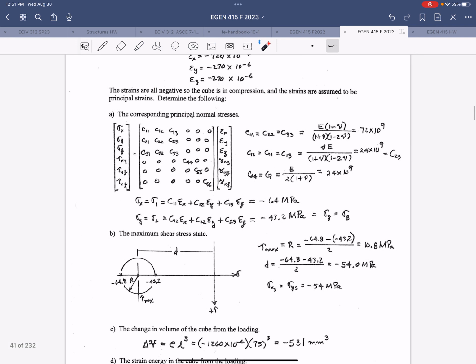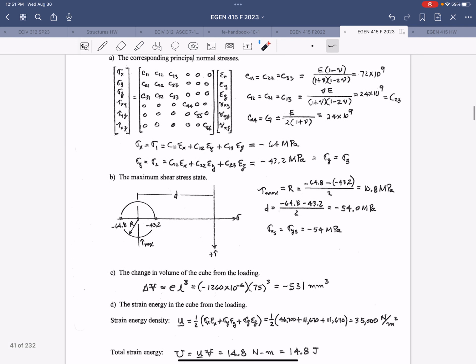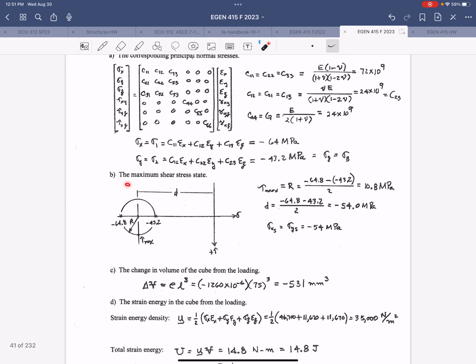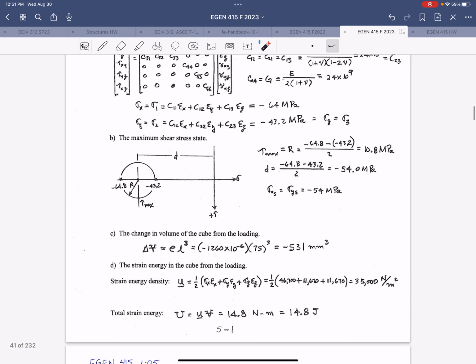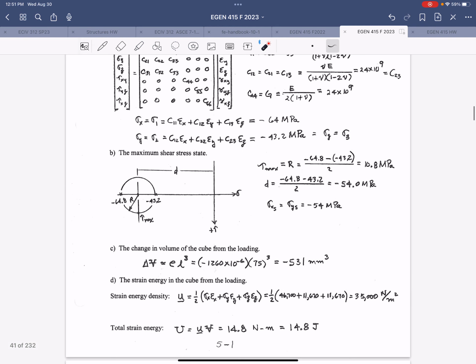That's what I was missing. All right, so your sigma x, sigma y, and sigma z are going to be your principal stresses. And then you can go from there and find the maximum shear stress state. In this case, taking the difference between the two extreme principals.